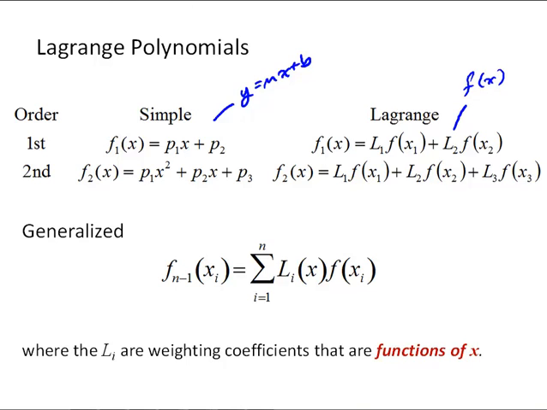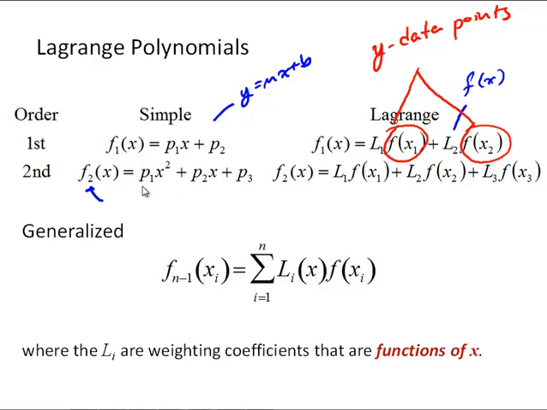So this can be a little bit confusing. This f of x1 and f of x2, those are basically y data points. So a second order Lagrange polynomial, which is indicated again by f2 of x, we have the simple polynomial, which is basically a quadratic equation, p1 times x squared plus p2 times x plus p3.